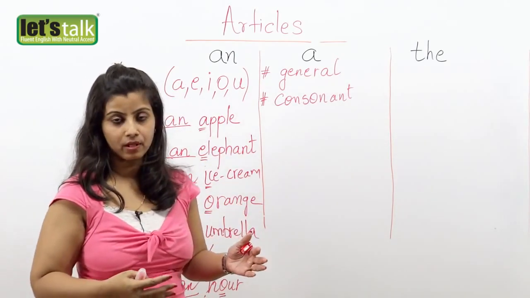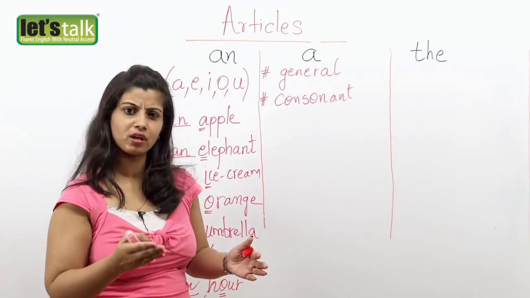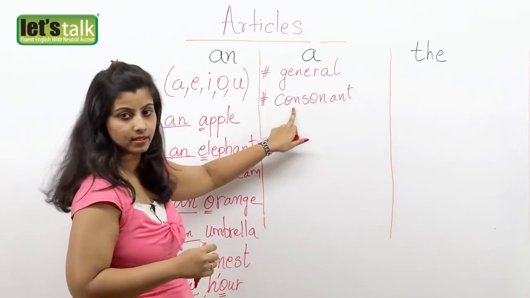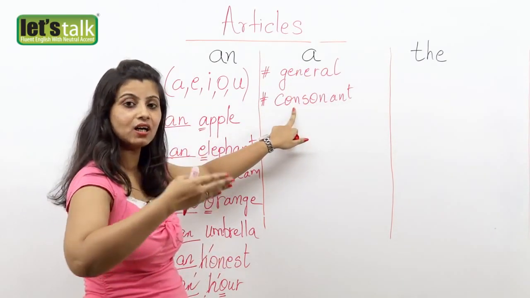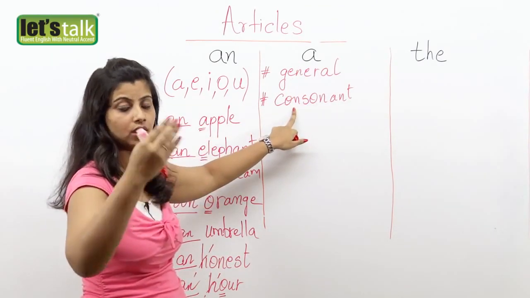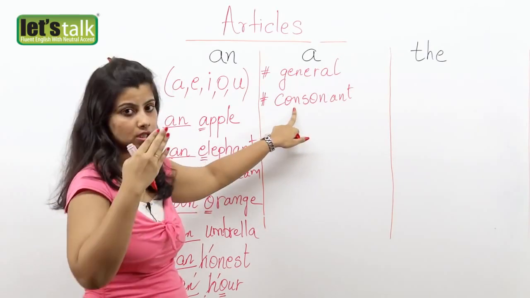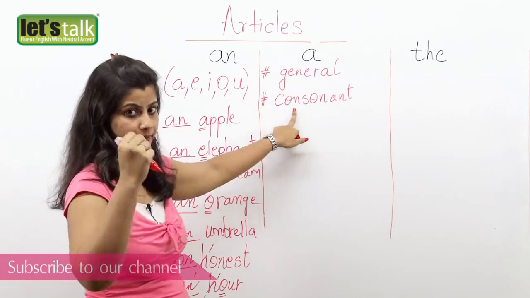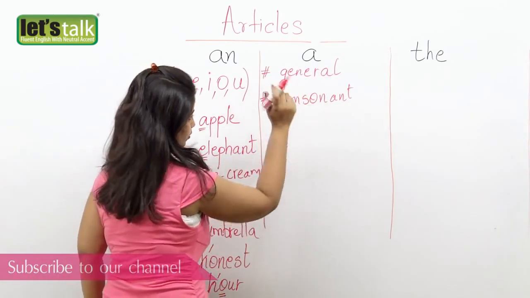Like I gave you an example of a book. Book, B is a consonant. That is why I'm going to say a book. A ship, so S again is a consonant. So I'm going to say a ship. Okay. So 1 and 2.